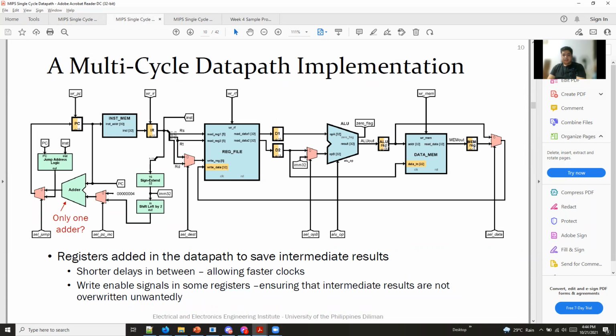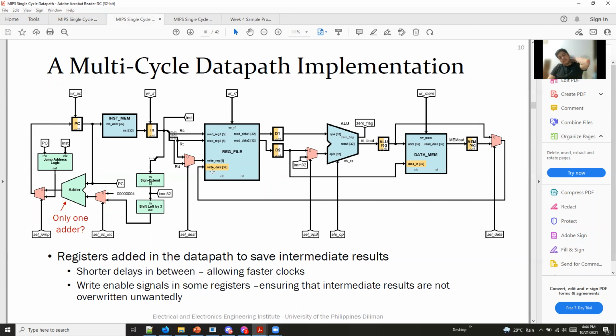So, either, ayan si ALU, either pumunta siya kay memory register or pumunta siya kay write data. So, itong diretsong loopback na to is pagka magsusulat ka lang sa register. Ito naman, pupunta ka sa data memory, tapos papasok ka sa memory register, tapos pupunta ka pa sa write data.